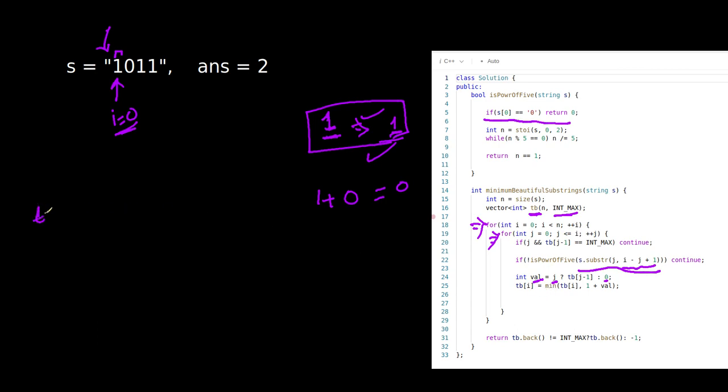So let's say we have the table, and we assign the first value to be 1 plus 0, which is 1, because int max and 1, 1 is minimum. Then we need to check for the second index, i equal 1.